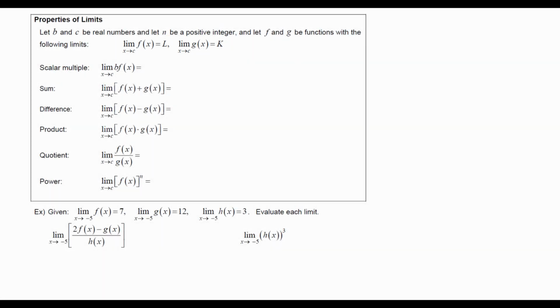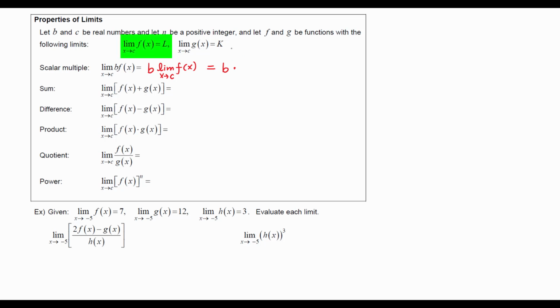Then the limit of a constant multiple b times f of x as x approaches c is equal to, in this case, you could pull out the scalar multiple b in front, and you multiply that by the limit of f of x as x approaches c.